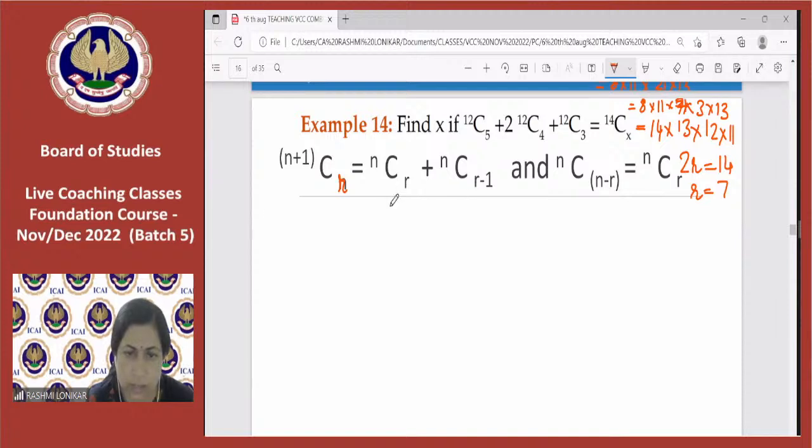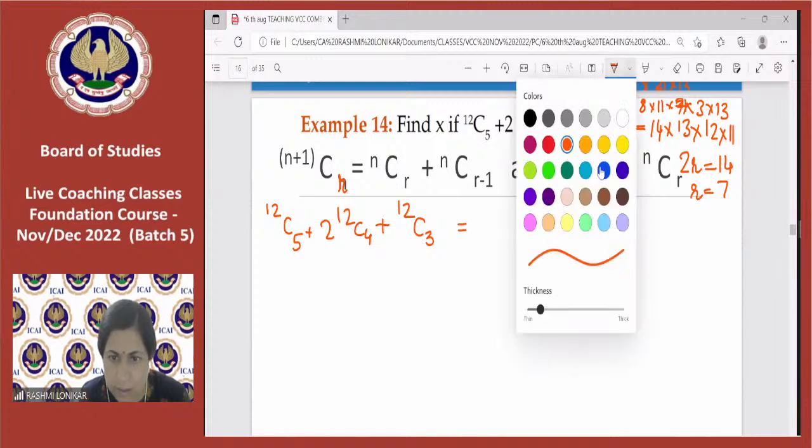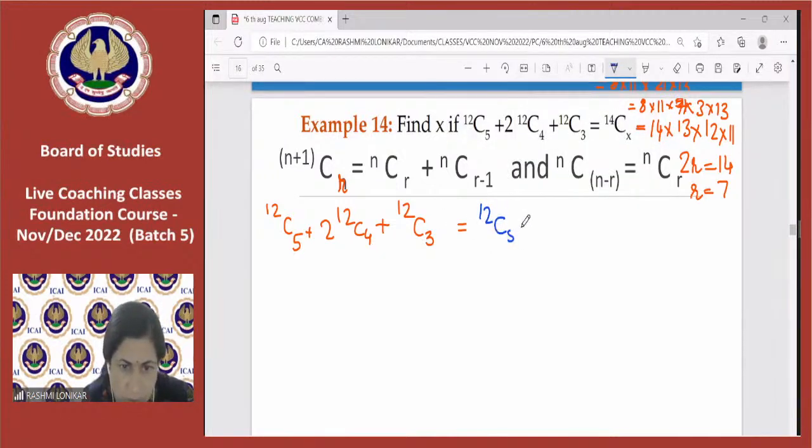This is left hand side. So I will show you. I have 12c5 plus 2 times 12c4 plus 12c3. Now I have 2 times 12c4. So I'm going to write this as, this is 12c5 plus 12c4.